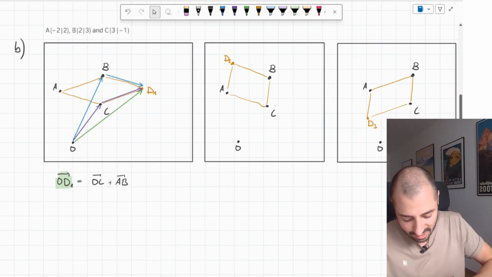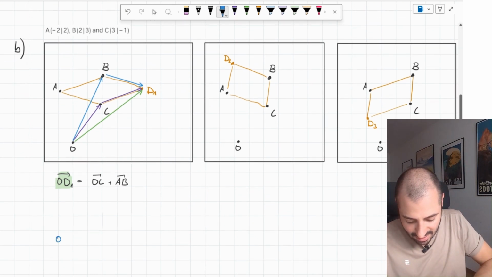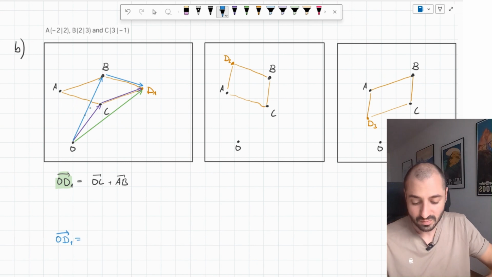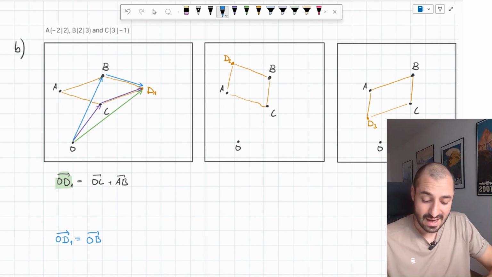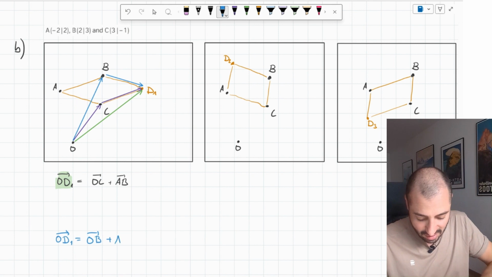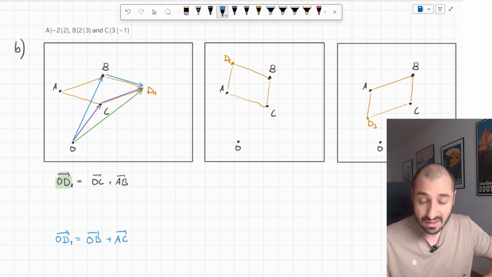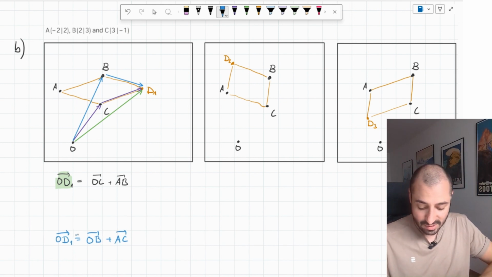So this blue vector chain is simply, again, OD1 is equal to the first one, which is OB, plus the second one, which goes from B to D1, but that's the same vector as AC. So that's just the vector AC, right? So that's also a way how we could describe OD1.